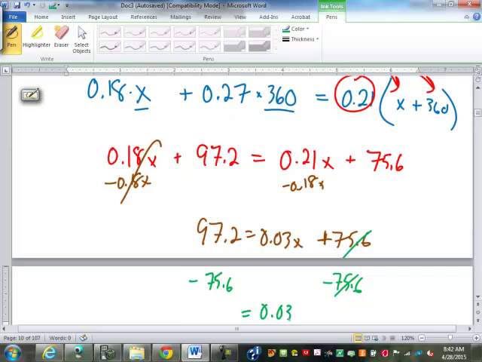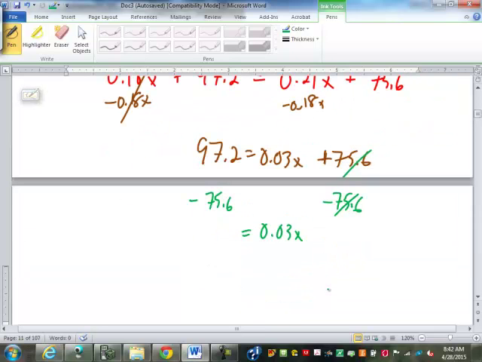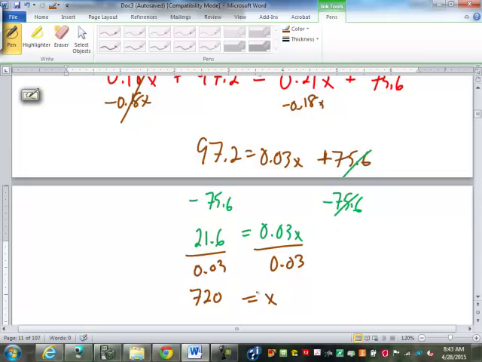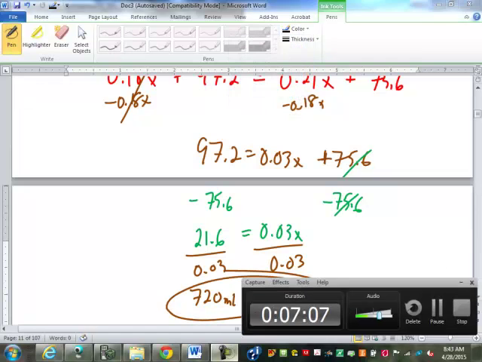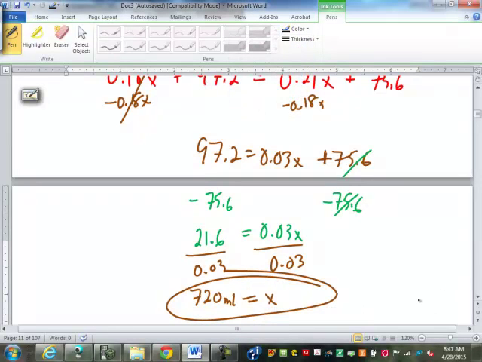So we got 0.03x equals 21.6, right? Yep. And then divide by 0.03. X equals 720 milliliters. Okay, so that's the mixture problems.